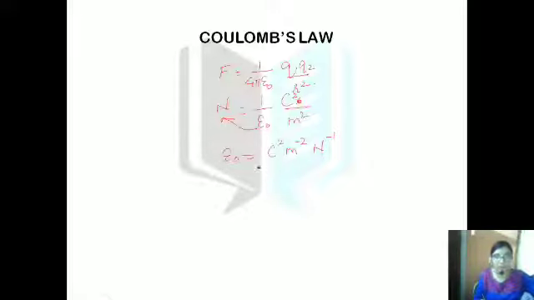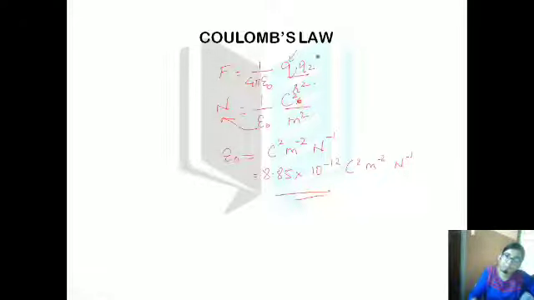So this is the unit of epsilon naught and its value is 8.85 into 10 to the power minus 12 C square meter to the power minus 2 N to the power minus 1. When we are doing the numericals, we'll put the values of the charges given and the distance between them, and by putting the value of epsilon naught, we can find out what F is. Or we can simplify this.